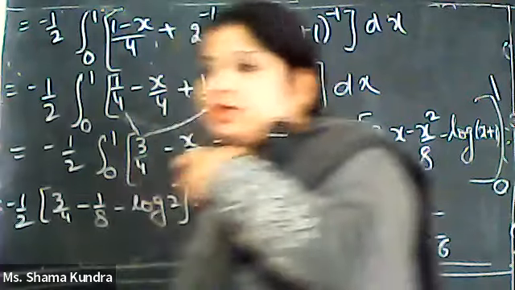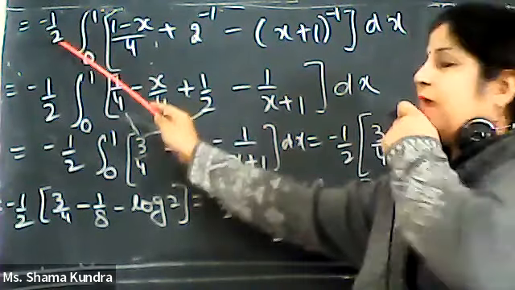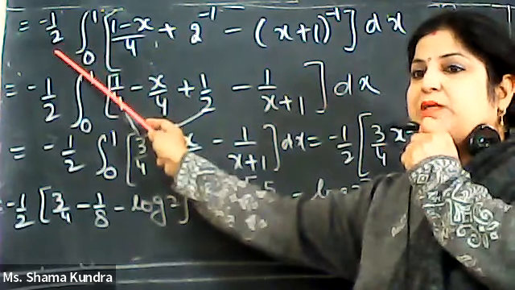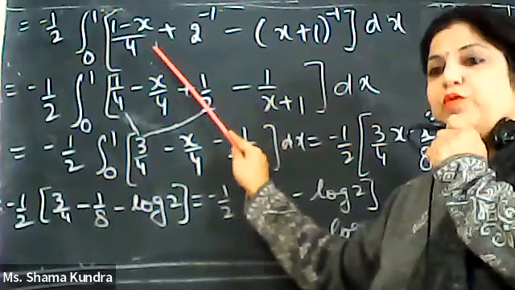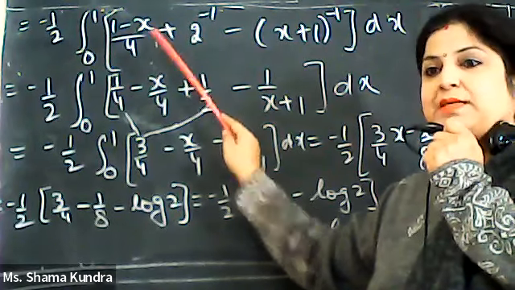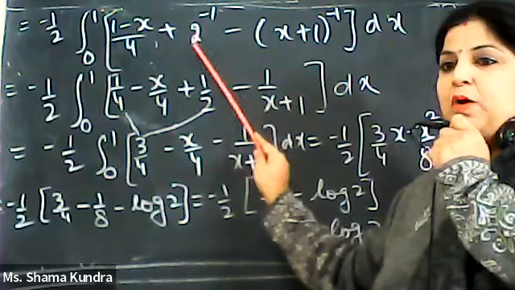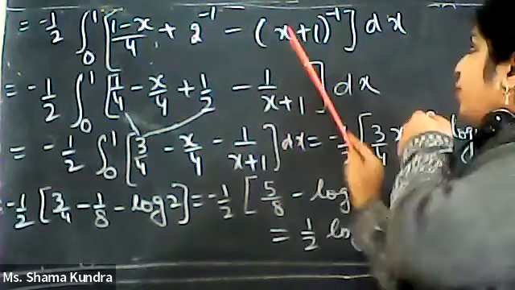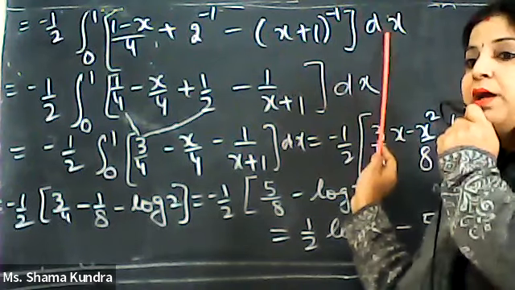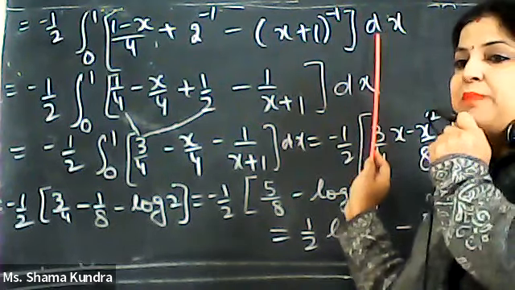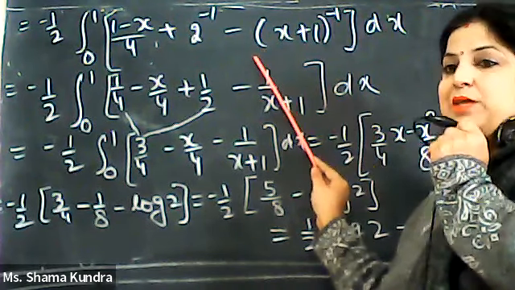Next integration is very simple. We can write minus 1 by 2 outside, x from 0 to 1, of (1 minus x) into 1 by 4, which we write as (1 minus x) upon 4 plus 2 raised to power minus 1. Now we have to integrate with respect to x, so we want to combine the constants together.